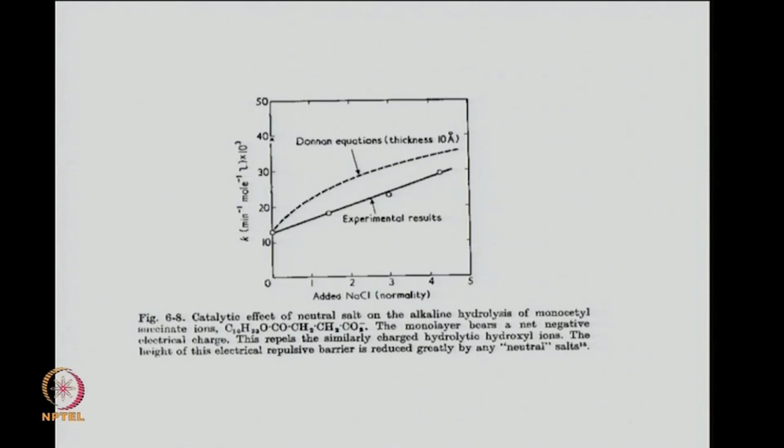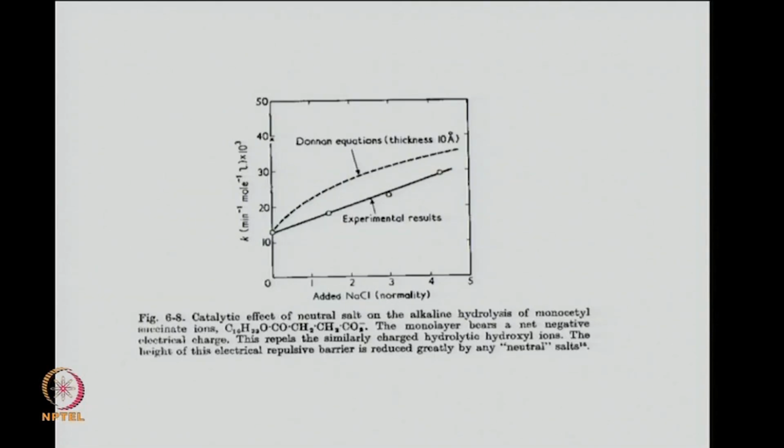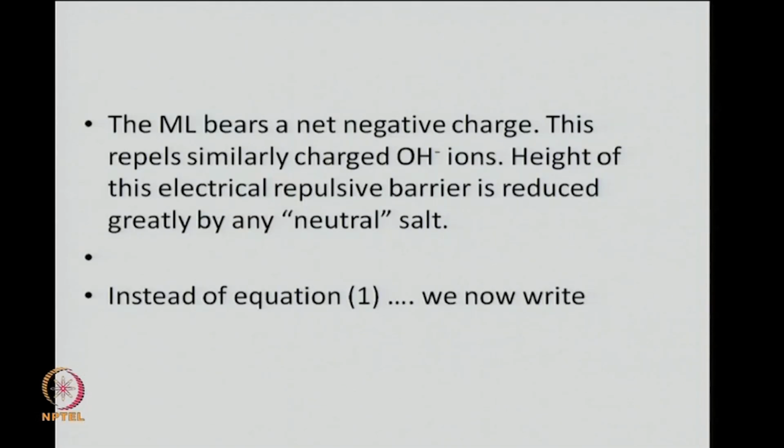So, we should be satisfied with the simple application of theory here, where the effect of salt as catalyst could be at least semi quantitatively predicted. The monolayer here bears a net negative charge and this repels similar charge OH minus ions. The height of the electrical repulsive barrier is reduced by the neutral salt.